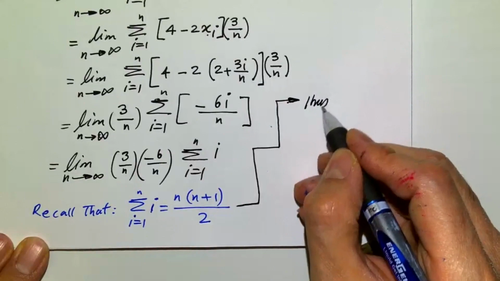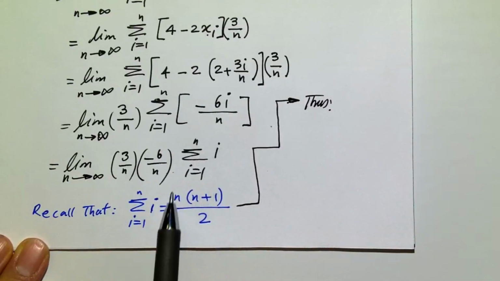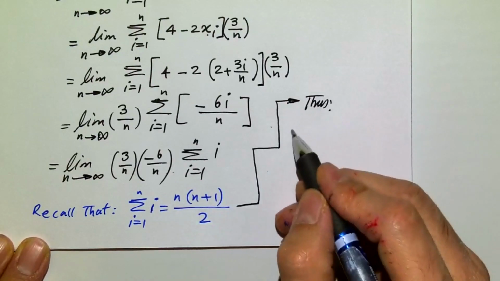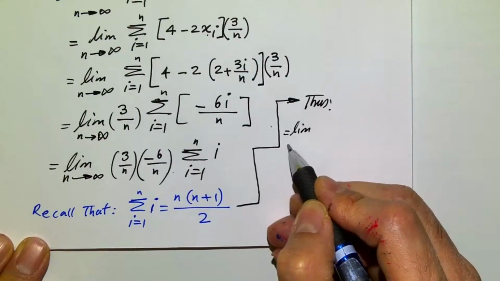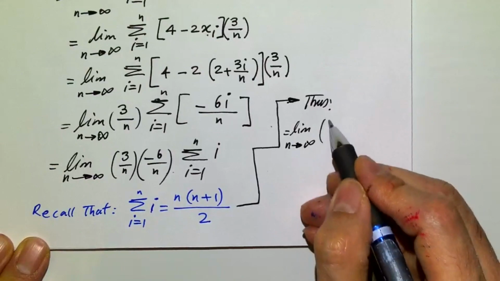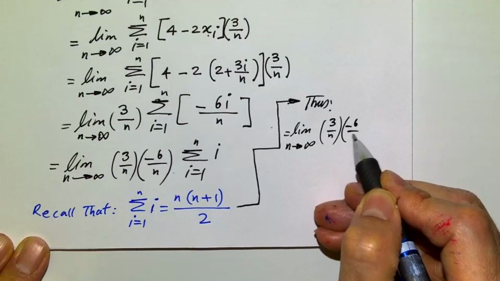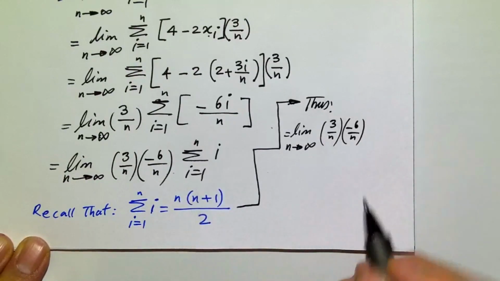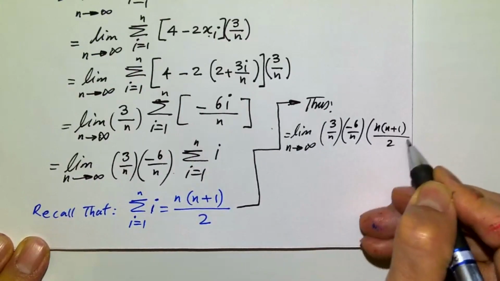Thus, in this equation, for that piece, we're going to replace it with this. We say the limit as n goes to infinity of 3 over n times minus 6 over n, that's what we have, times this piece, n times n plus 1 divided by 2.